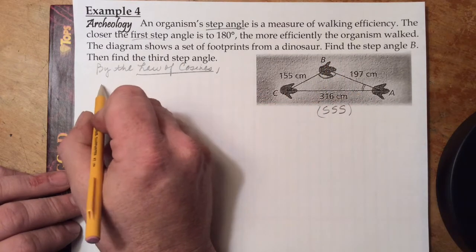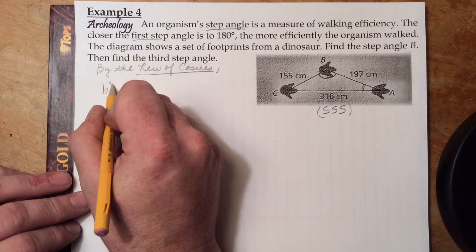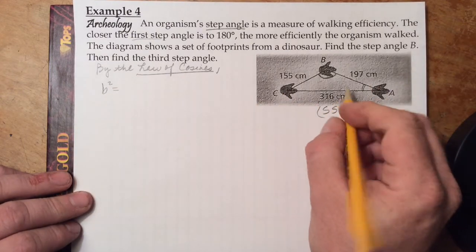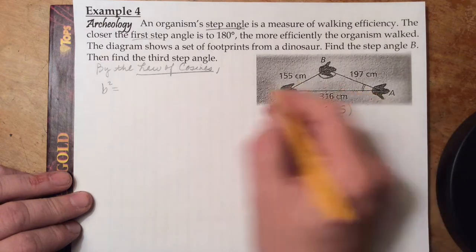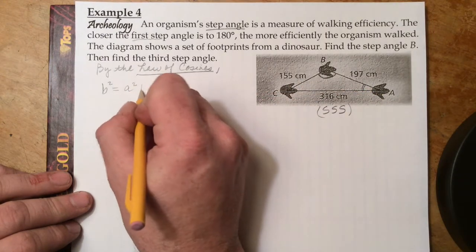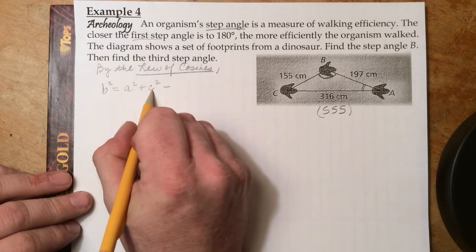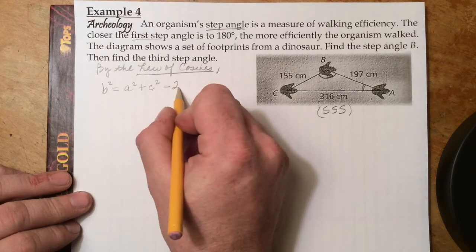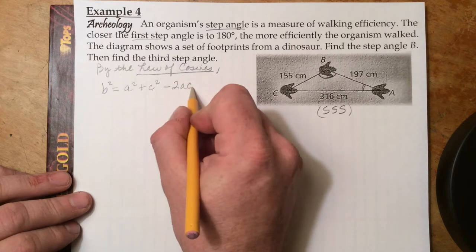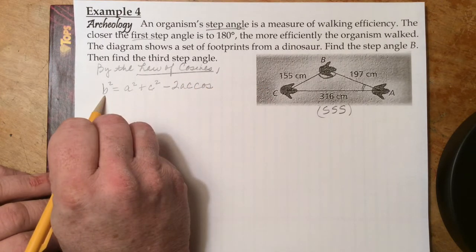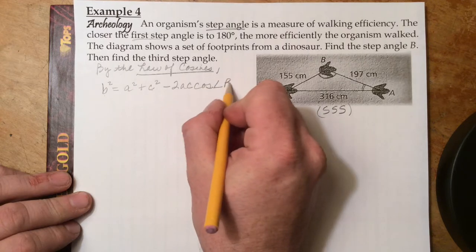So we have b squared equals the other two lowercase letters, across from those angles, a squared plus c squared minus those same two multiplied together, 2ac times the cosine of the angle across from this side, angle B.